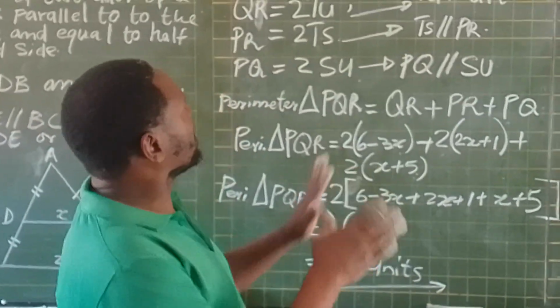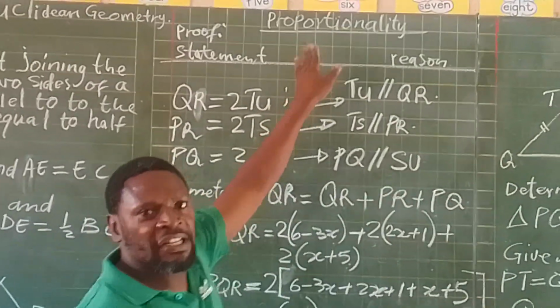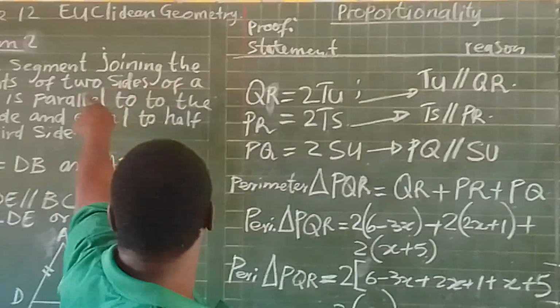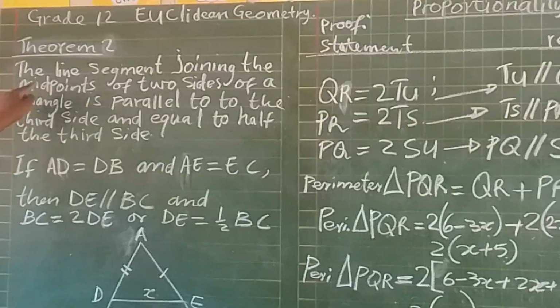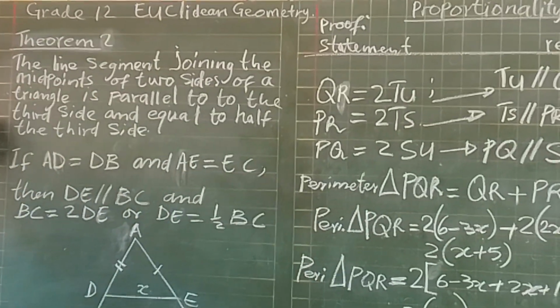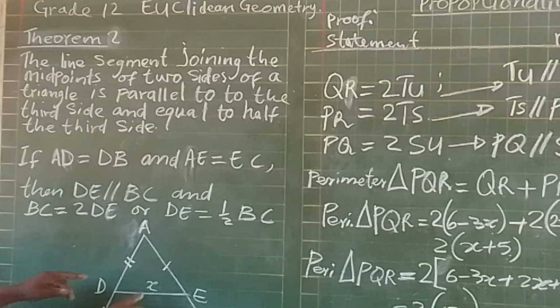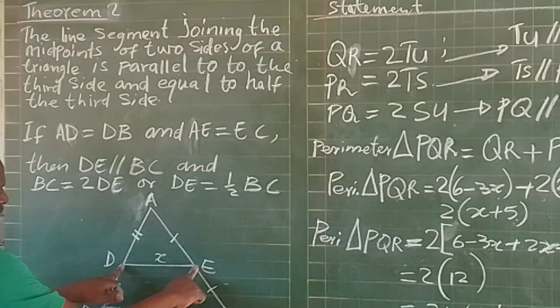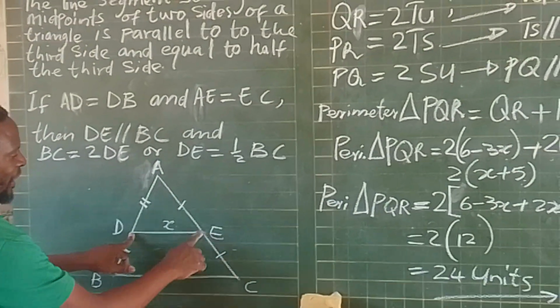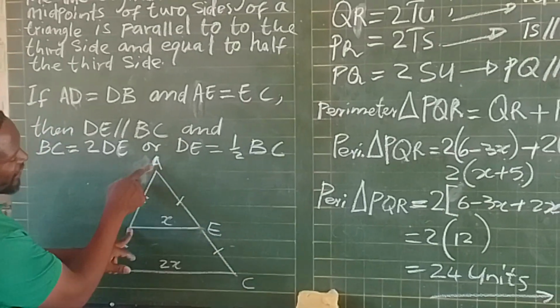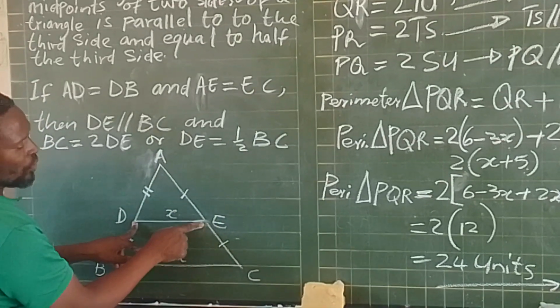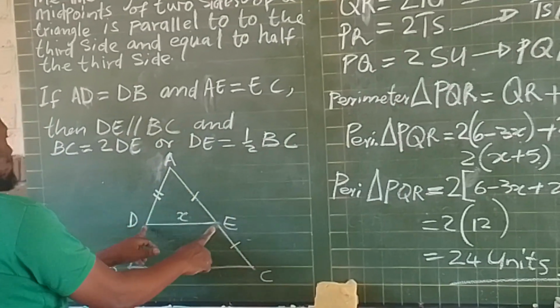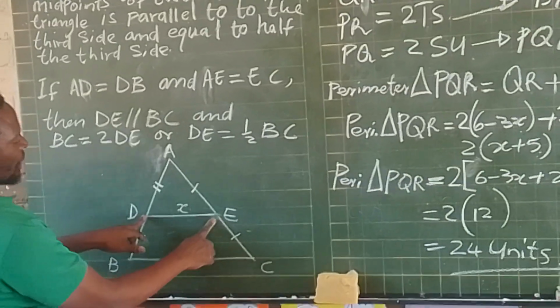By the way, this is still in proportionality. This is the application of Theorem 2. Theorem 2 says that the line segment joining the midpoints of two sides, if it is a midpoint, it means that AE is equal to EC and AD is equal to DB.